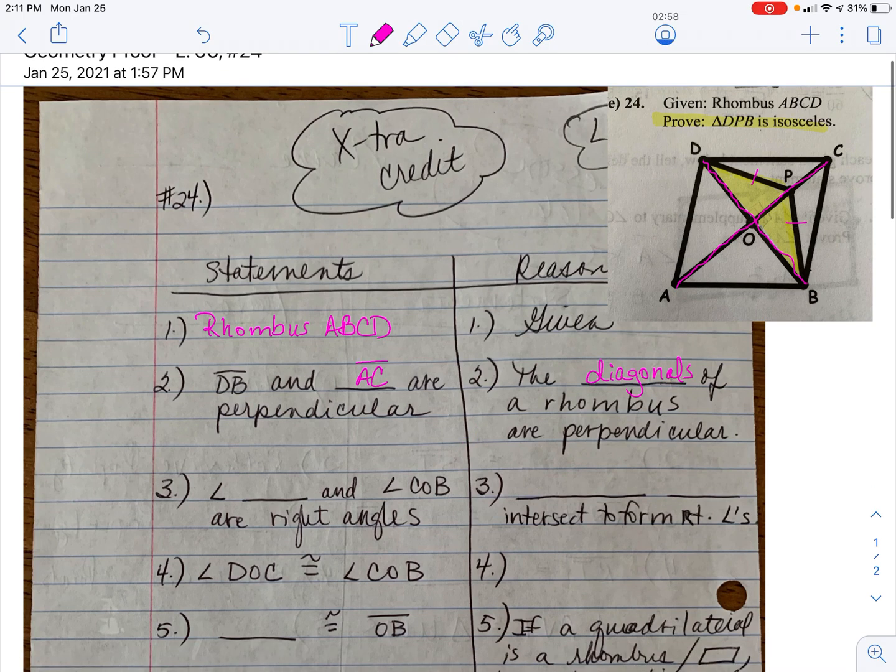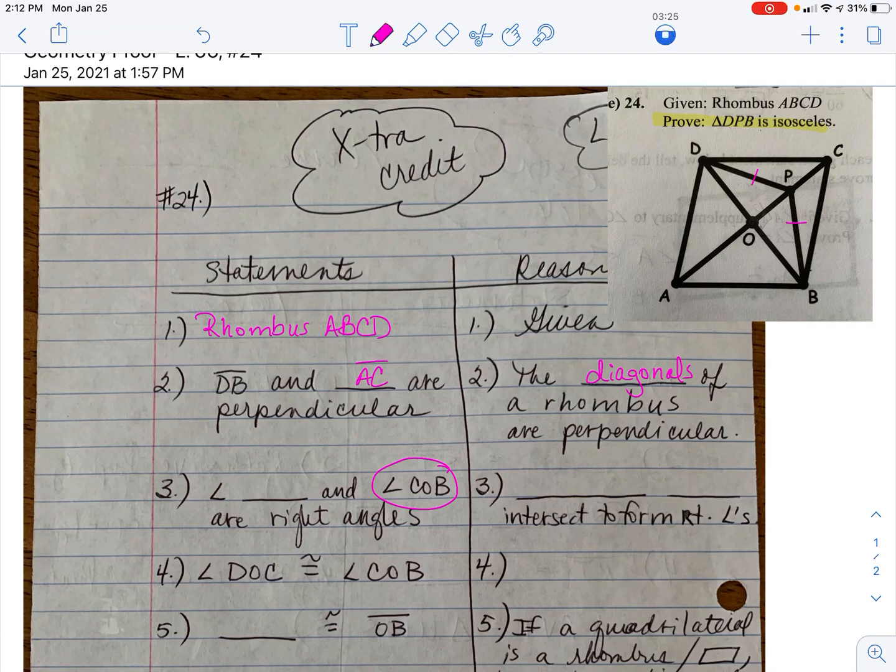All right. Step 3. Well, if those turn out to be perpendicular, then that means it's making right angles, as I just mentioned. So let's see if we can match these up. So COB right here, let's go find that. I'm going to get rid of a couple of things here. Okay.